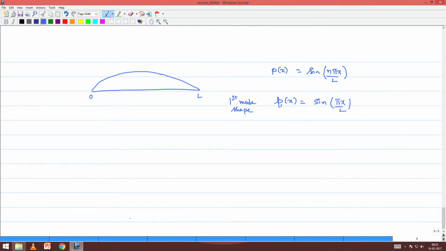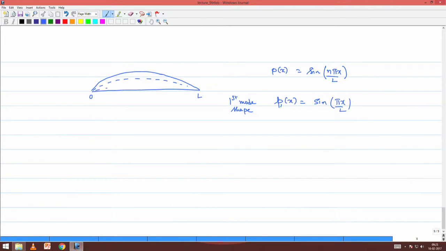Within the span of 0 to L, the sinusoid has covered half the wavelength, but remember it is a standing wave, it is not a travelling wave that we are talking about now, because after superposition of the incident and the reflected, it has now become a standing wave, and the manner in which it will vibrate, it will change with time is shown roughly in this way.